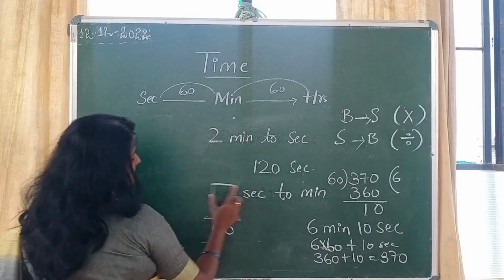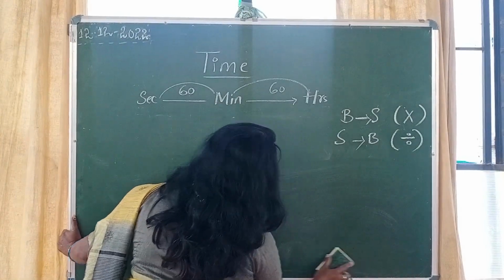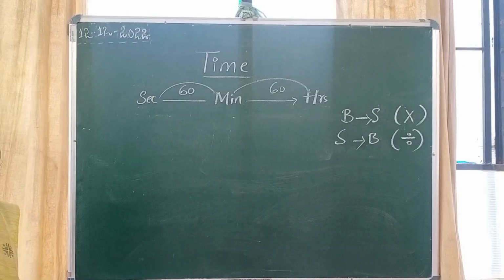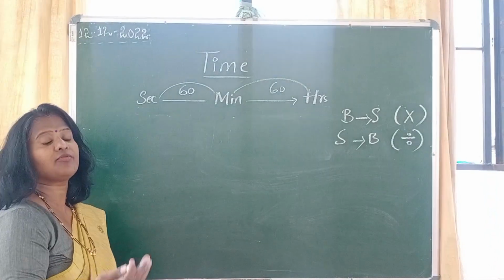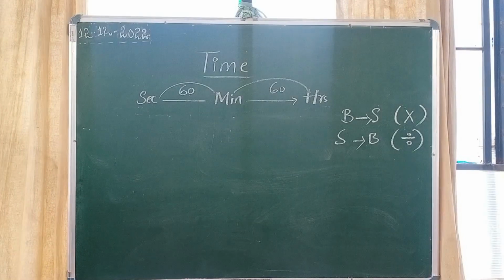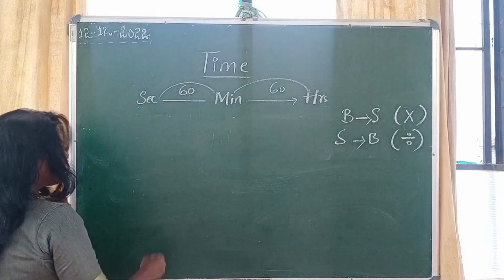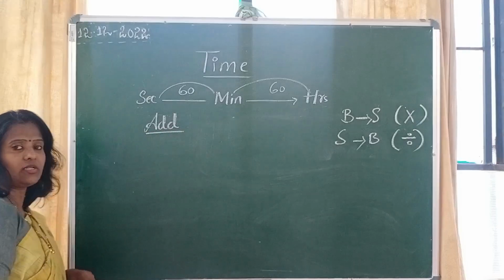Now let us see next how to add the time, how to subtract the time, how to find the finishing time, how to find the starting time. That is very important here. So let us see. Add. They have given one question.